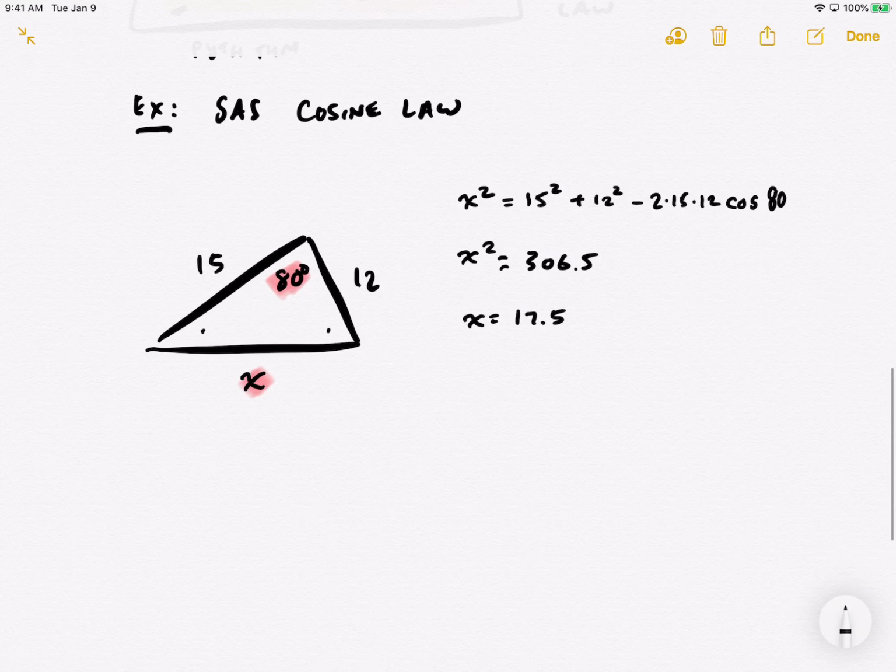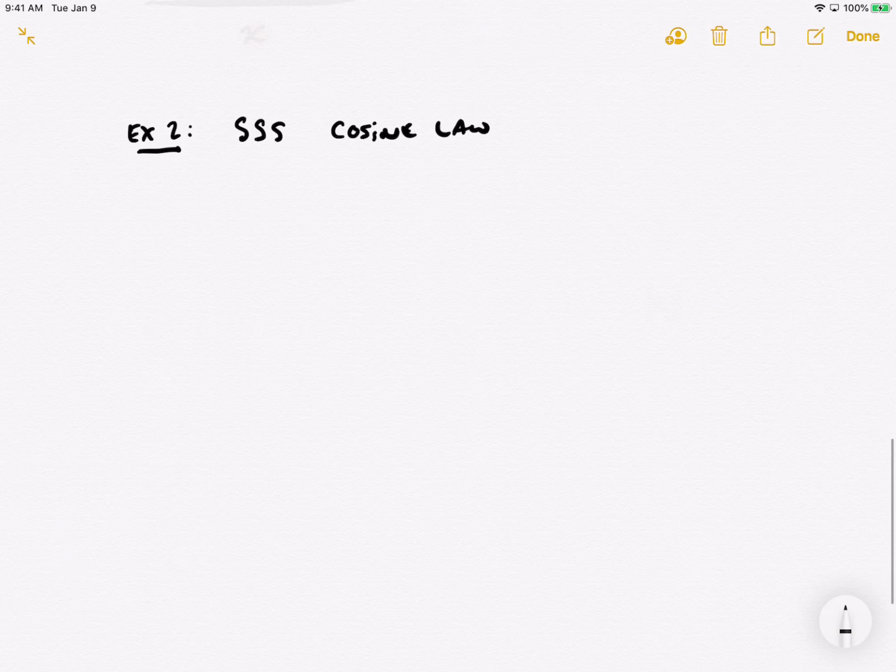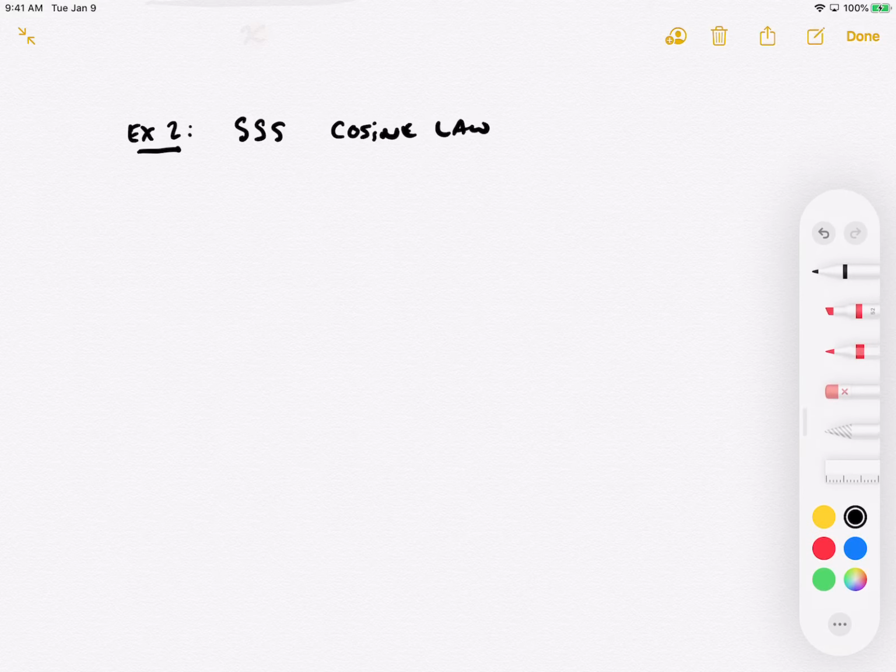Another example, let's say another example here, where I have a cosine law problem. So let's just say I have a triangle, and I know 3 of the sides, and I'd like to know the other one.